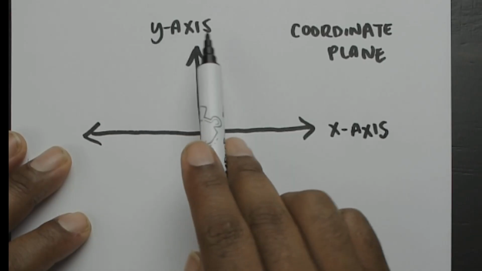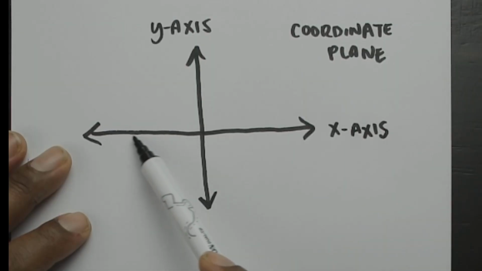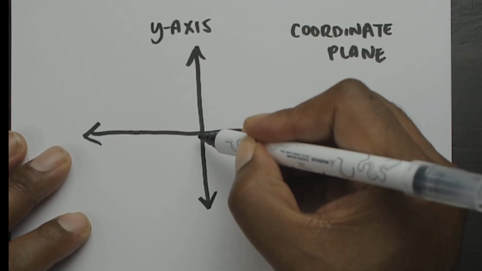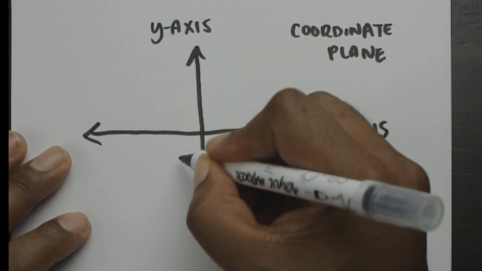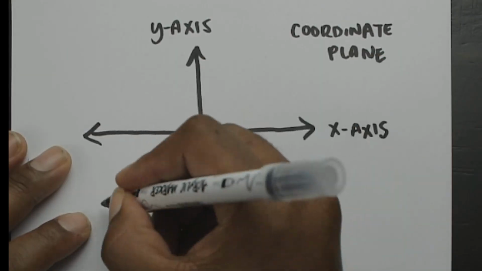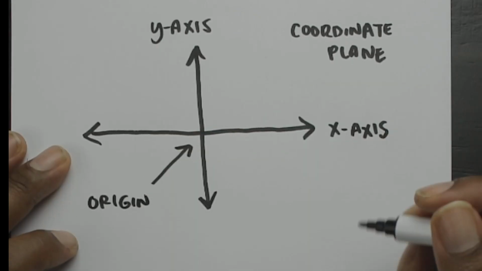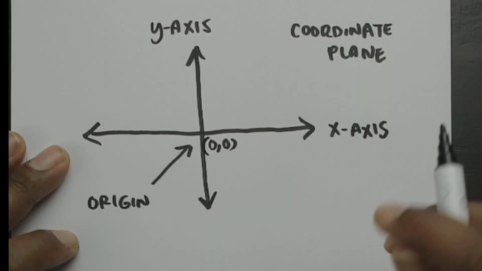So we have the y-axis, which is representative of the vertical line, and we have the horizontal line representative of what we call the x-axis. And then we also label the part where the two lines intersect. That part is called the origin. And the origin is represented by 0, 0.